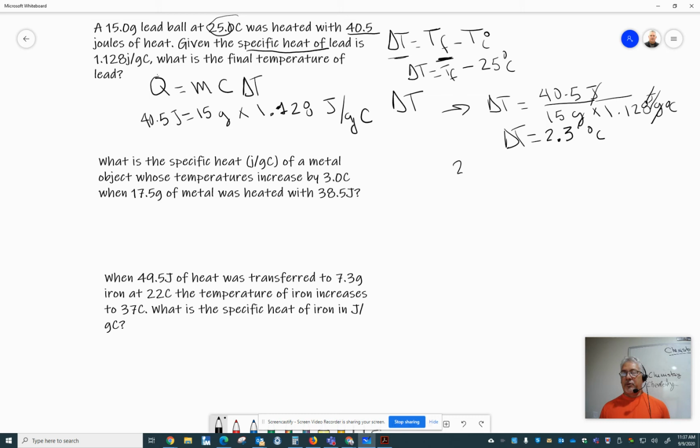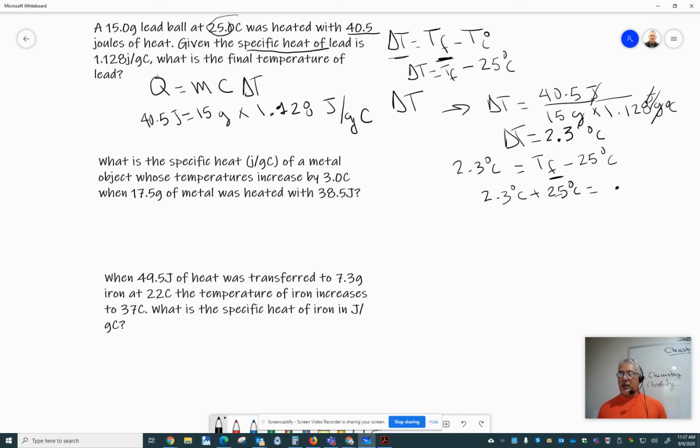So I had 2.3 Celsius degrees here, that will be delta T, final temperature minus 25 Celsius degrees. Final temperature will be 2.3 Celsius degrees plus 25, since subtracting negative 25 goes as adding 25 Celsius degrees.